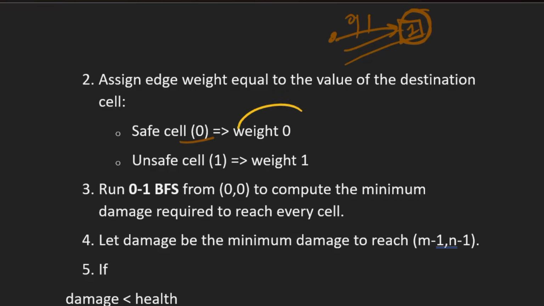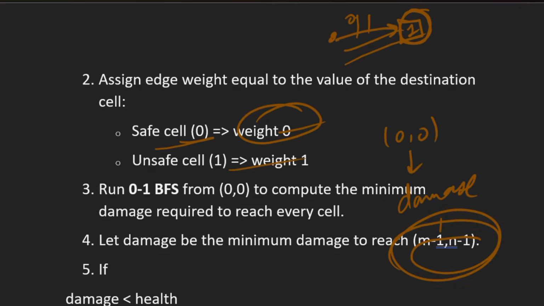So if it is a safe cell, the edge weight is 0, and if it is an unsafe cell, the edge weight is 1. And then we'll apply 0-1 BFS from 0,0 to compute the minimum damage to reach every cell. Once we get the damage to reach n-1, n-1, that is our minimum damage to reach n-1, n-1.